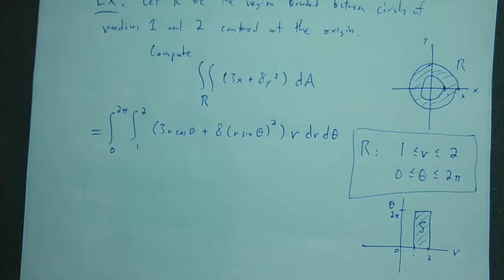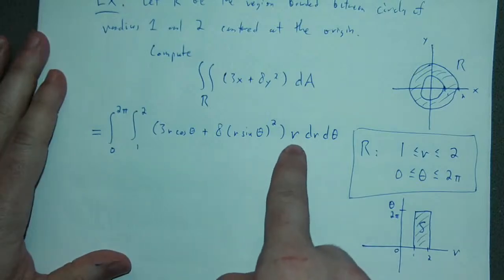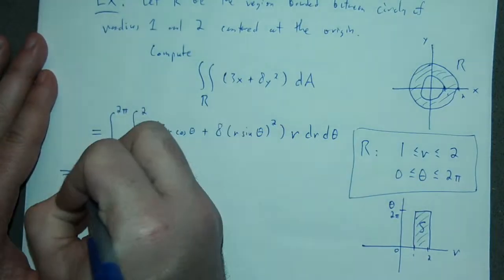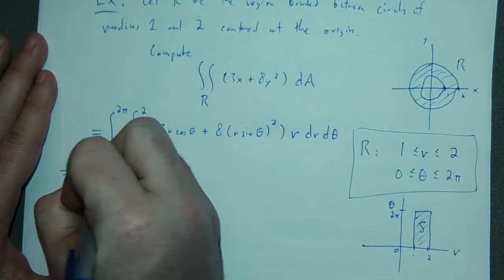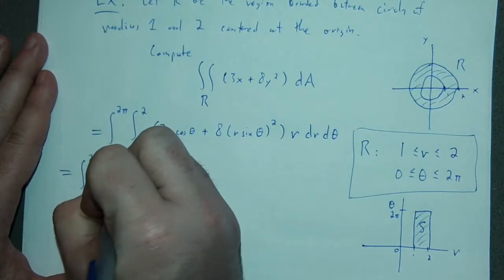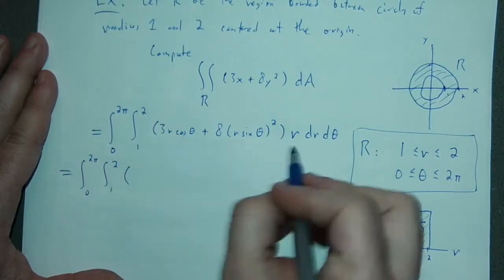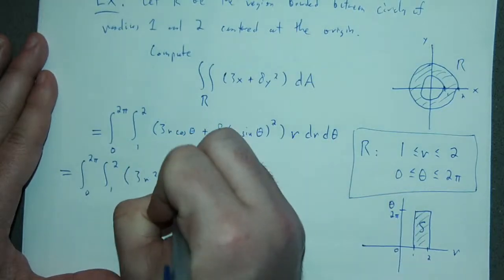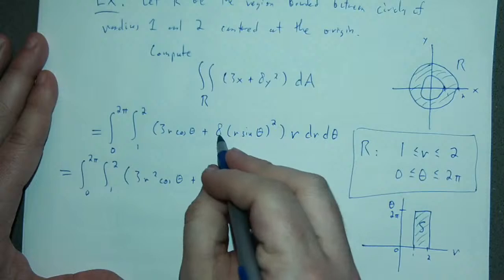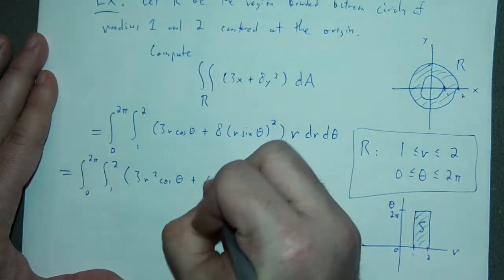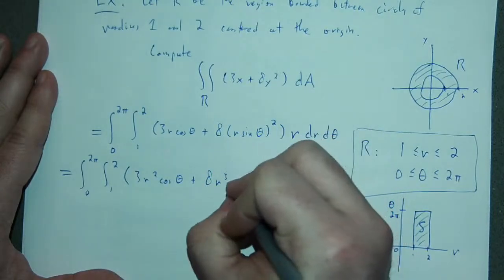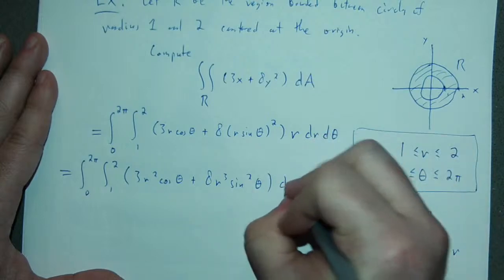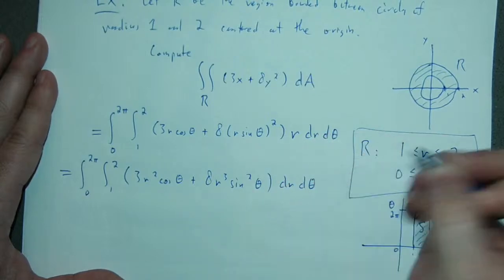Now what? Well, let's multiply everything here by r and do this expansion, make this look a little nicer. So this is the integral from 0 to 2 pi, the integral from 1 to 2 of 3r squared cosine theta plus 8, this is r squared times r is r cubed, so this is 8r cubed sine squared theta dr d theta.